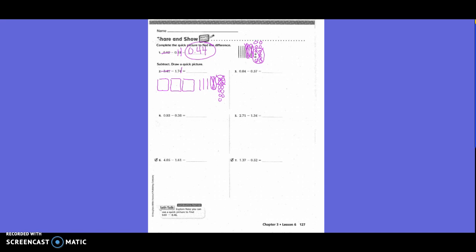Do I have enough tenths? No. So I'm going to have to circle this flat, cross it off, and draw how many more longs? 10. Now do I have enough to get rid of 7 tenths? Yes. So I'm going to circle 7 of these, right?